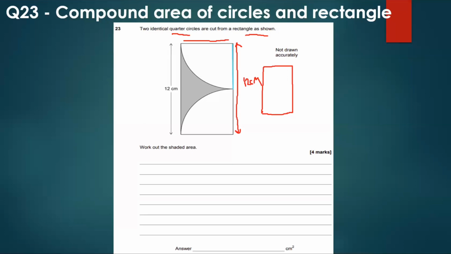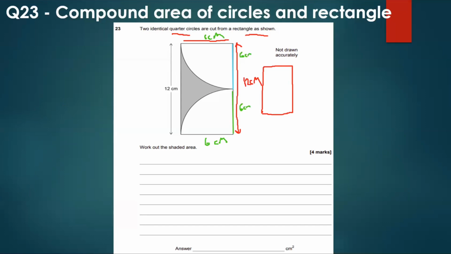So it's half of 12, which is 6. That implies that my radius of the circle is going to be 6, guys. So this distance here is going to be 6 centimeters, and this one here is also 6. To be clear, this part here is 6, and this part here is 6.